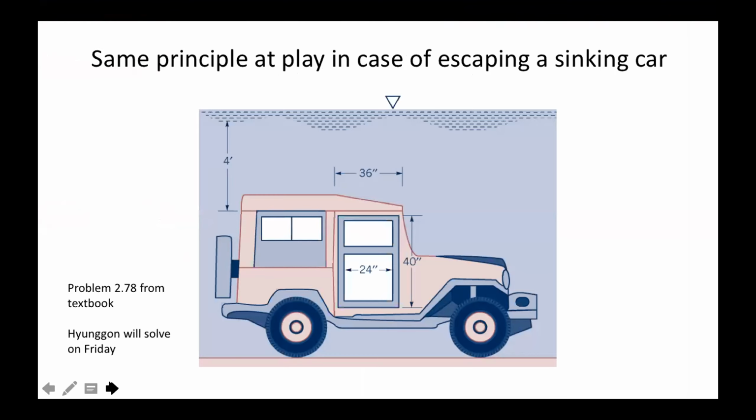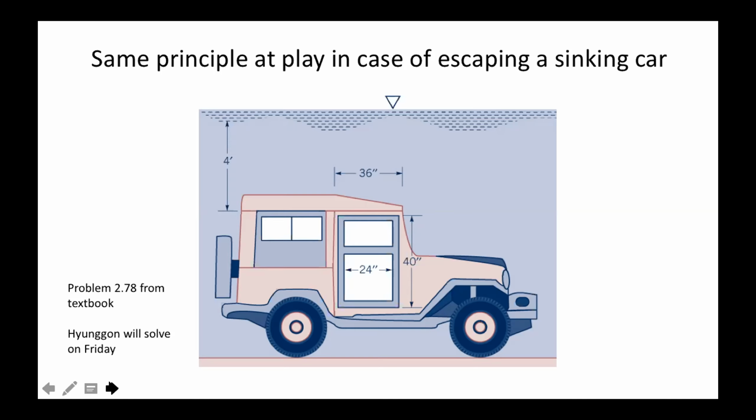Okay, and of course, this is the same principle that's at play if you're thinking about the physics behind escaping a sinking car. If you got a chance to look at this week's discussion question, I asked you to watch a video about how to escape a sinking car and to answer why in that video do experts say not to try to open your door, to open your window instead, right?